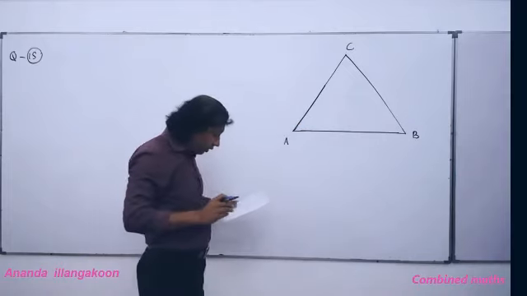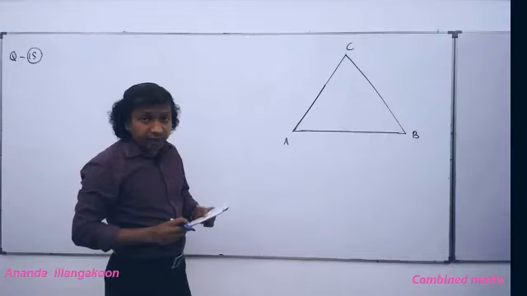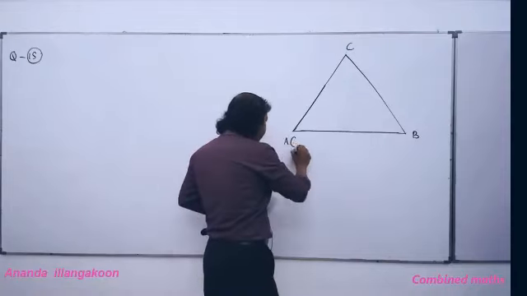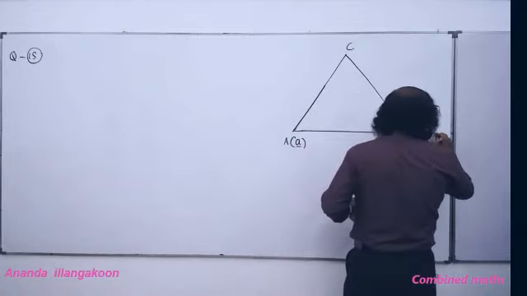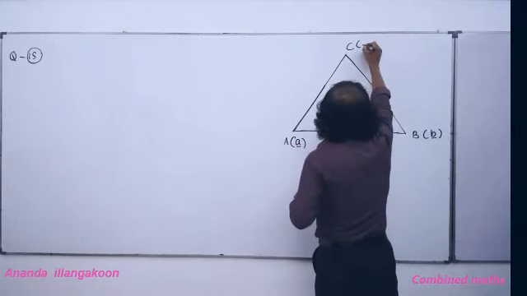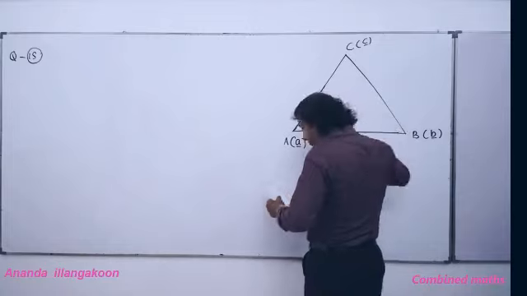The position vector of the point A is simple A vector. That of B is simple B vector. That of C is simple C vector, as given.